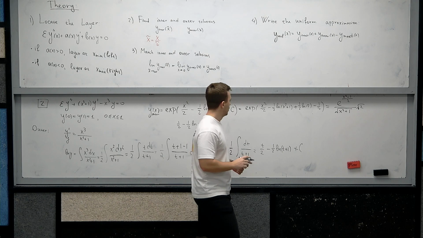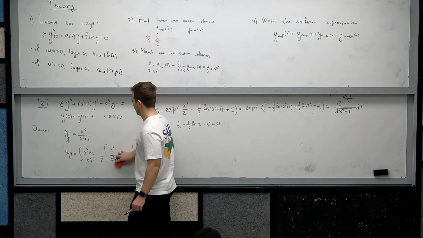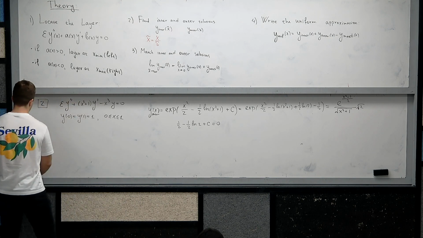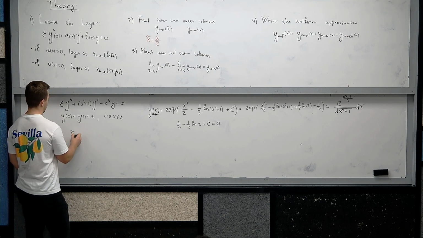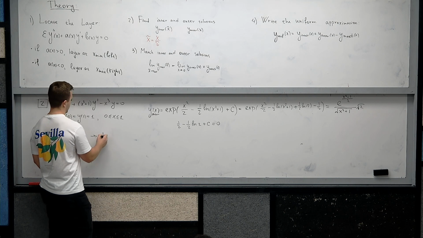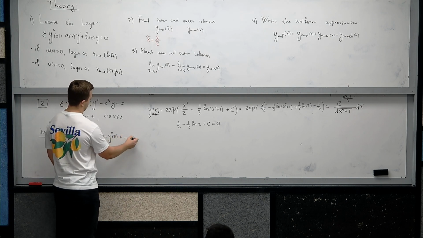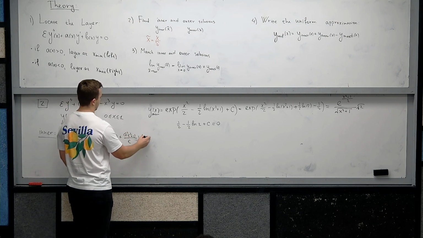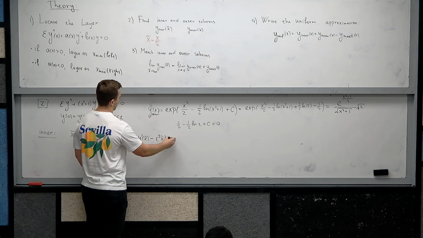Now let's find the inner solution. We rescale our x variable, and the new equation will be 1 over epsilon double prime x tilde plus epsilon x squared plus x tilde square epsilon square plus 1 times y prime x tilde minus epsilon cubed x tilde cubed times y of x tilde equals 0.